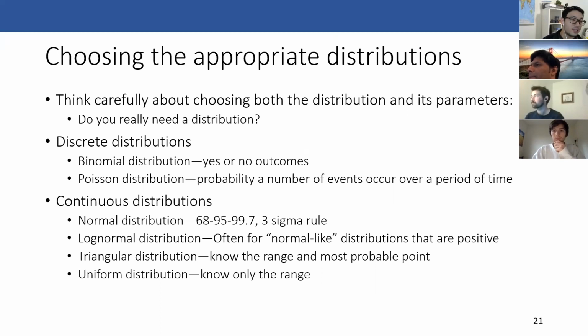There are also Poisson distributions. This is the probability that a number of events occur over a period of time. This is really common to represent extreme events. For example, you could do Monte Carlo simulations of damage from an earthquake, or damages from tornadoes or hurricanes.